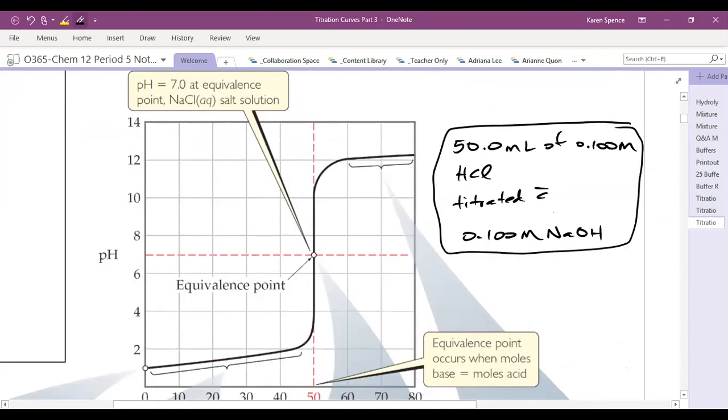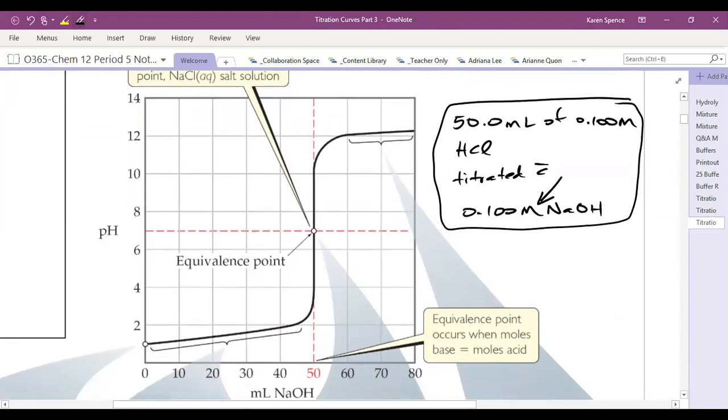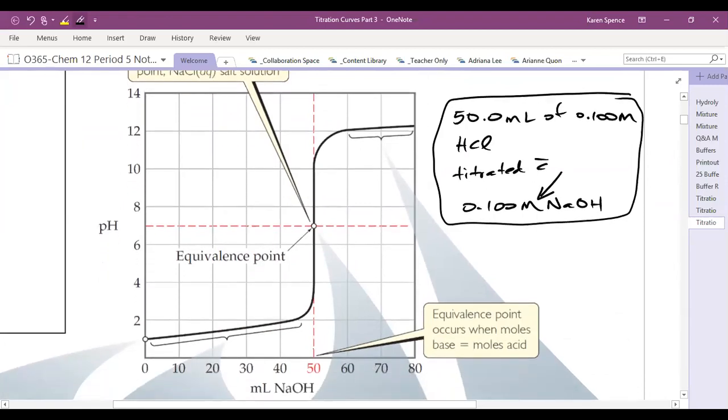So when the concentration of base was 0.1 molar, it took 50 milliliters to reach the equivalence point.